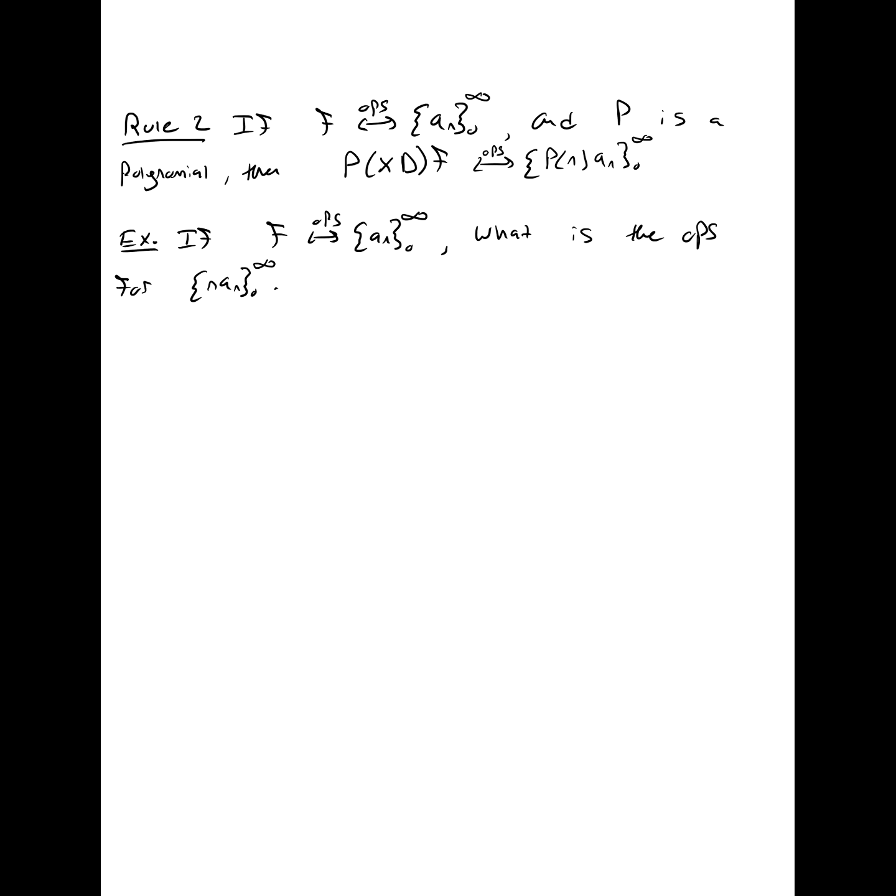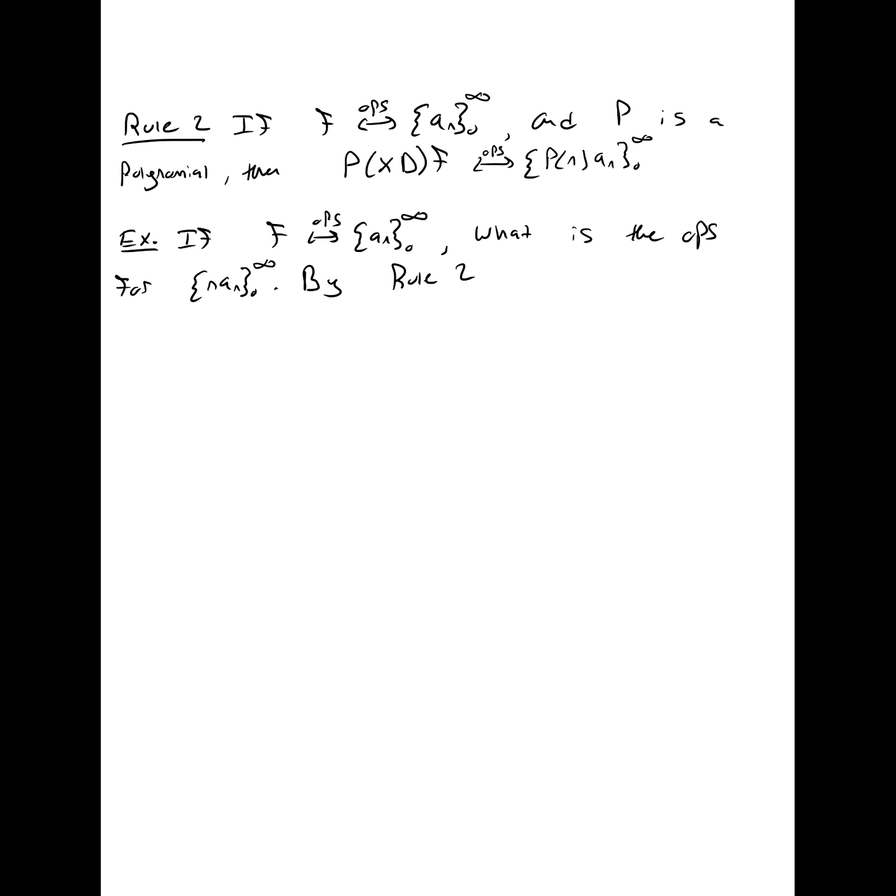So by rule 2, well, n is just a polynomial. It is a polynomial in n, right? It's just a single n, but we can view this as a polynomial in n. So we're going to view it just like that, and we're going to use rule 2.